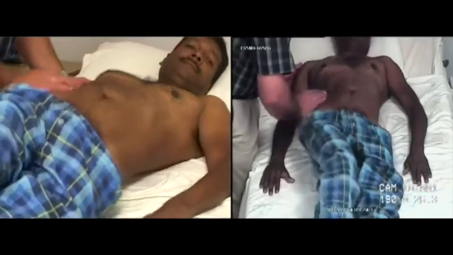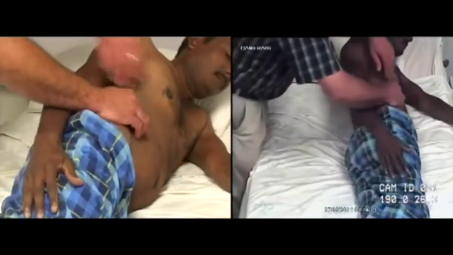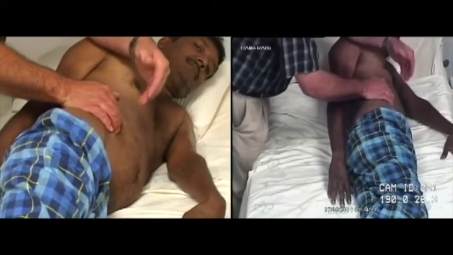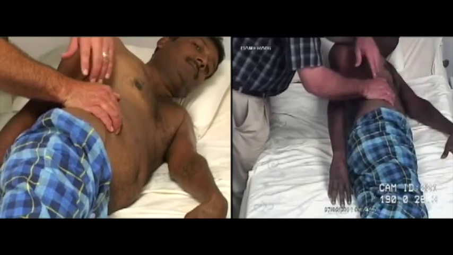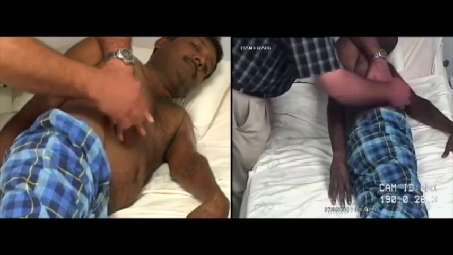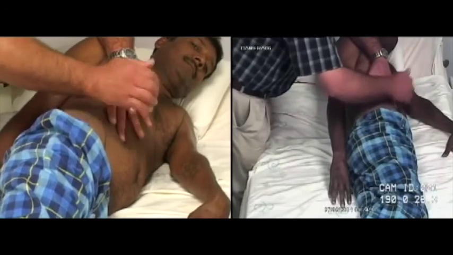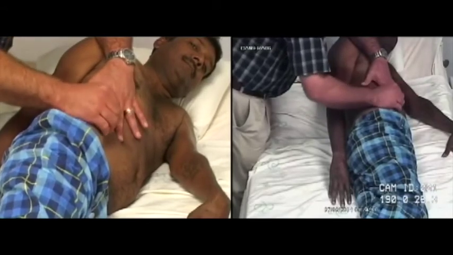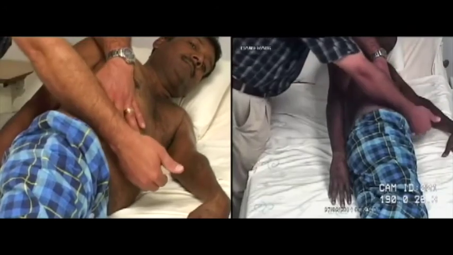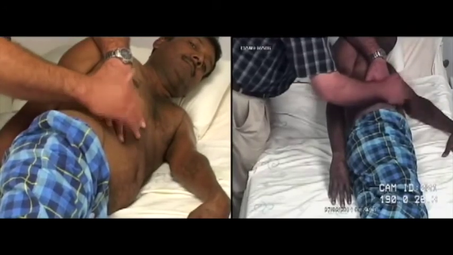Can you just turn on the left-hand side, please? Wait a few seconds. This will help the fluid to drain to the lower parts with gravity. And over that area that was dull initially, you can percuss again. If it is now resonant, you can determine that the patient has got shifting dullness. So the fluid actually moved downwards, and you are now percussing over a resonant area.